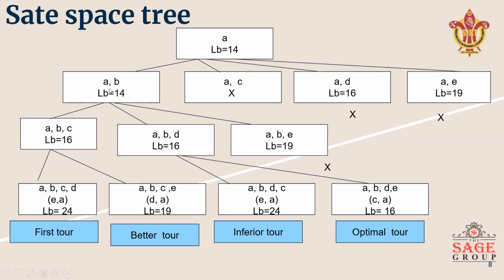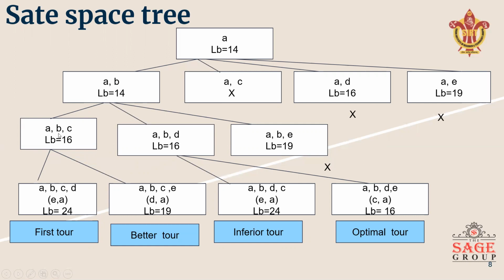Okay. So further we proceed in this, we will take all the possible paths from B. So from B we can go to C, from B we can go to D, and from B there is also a path to E. So all these three nodes are there and we are writing the path traveled so far.